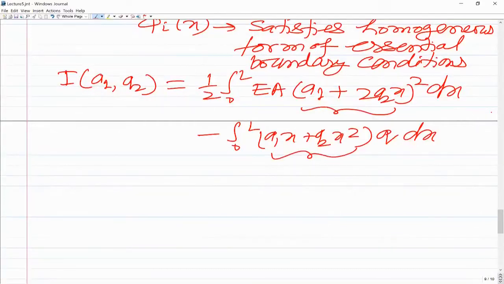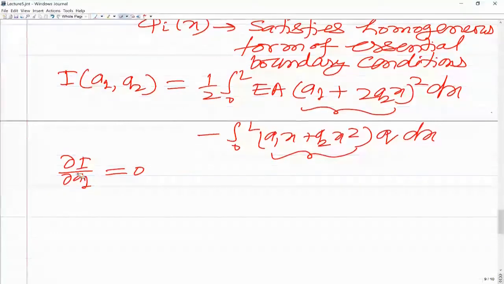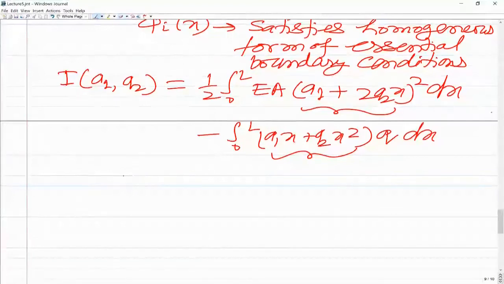After you get I as a function of a1 and a2, the solution you will get from del I by del a1 equal to 0. These will be the partial derivatives, and I hope you can do the partial derivatives. But rather than leaving it, let me complete it.